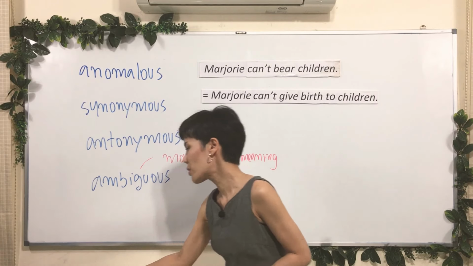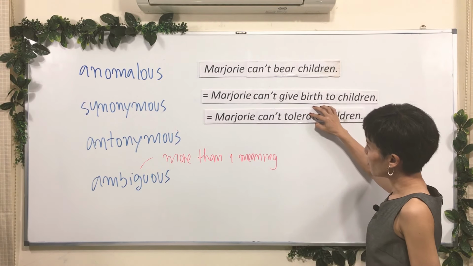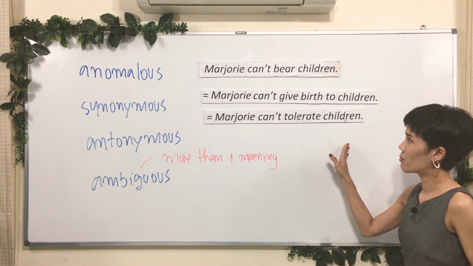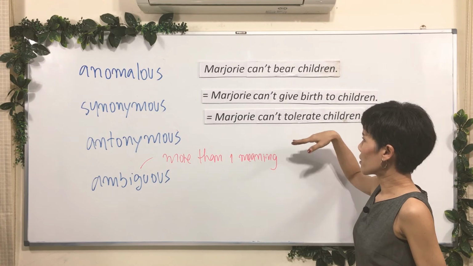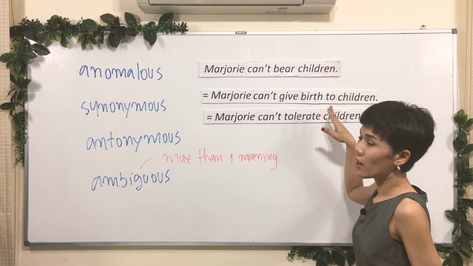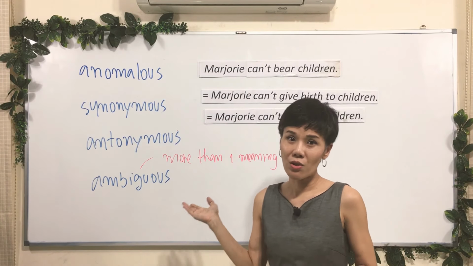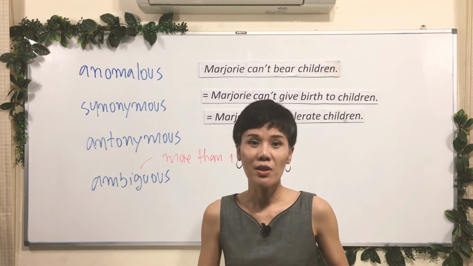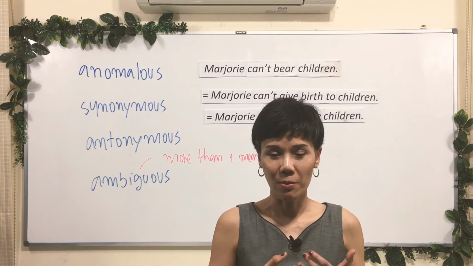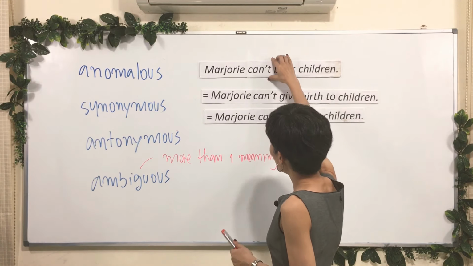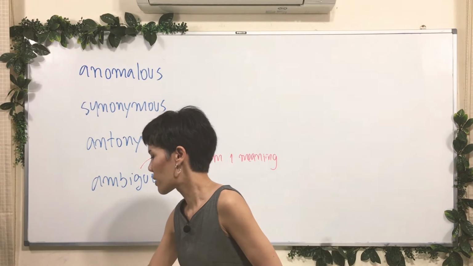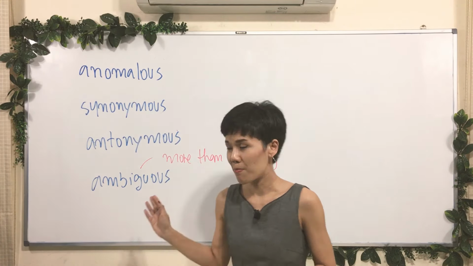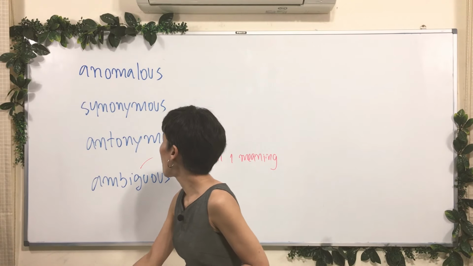And it could also mean majority can't tolerate children. Usually speakers can recognize the two interpretations right away, and they even have jokes involving expressions with more than one interpretation. So it shows that part of their knowledge of meaning is that they know when something has more than one meaning.